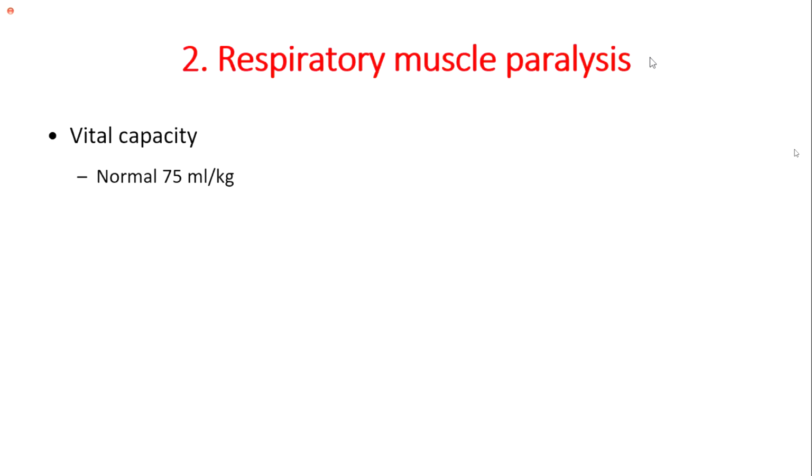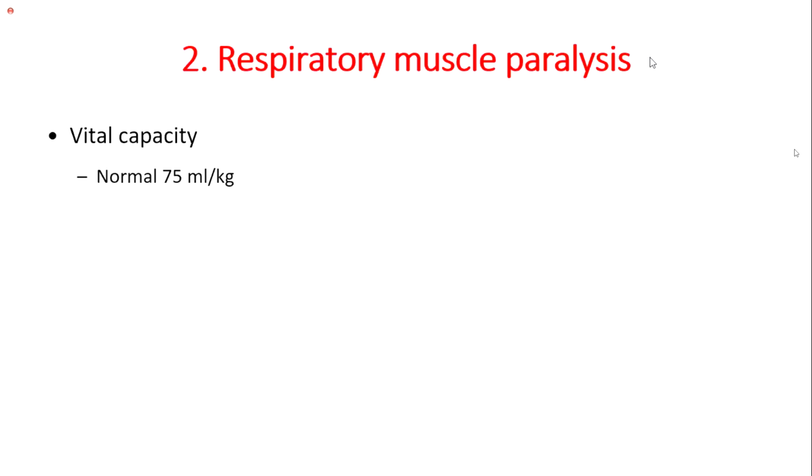Now, when the vital capacity reduces, we have to take the patient to the intensive care unit with the potential that the patient is going down. So we need to ventilate the patient electively. So at which level do we take the patient to the ICU? So we have rough guidelines.